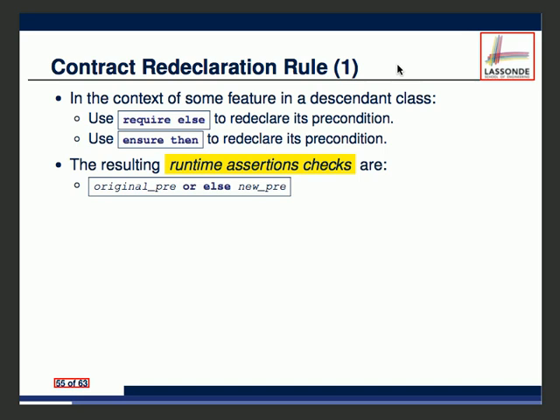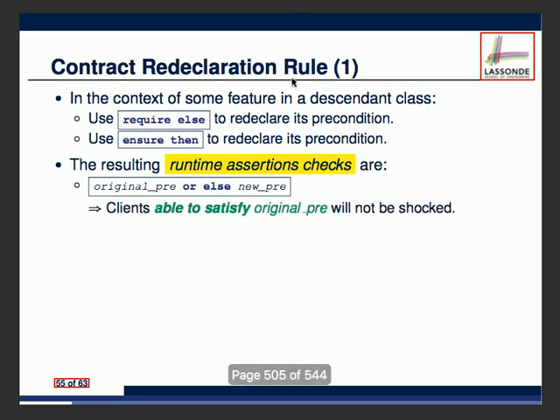If I'm able to actually satisfy this particular precondition in the superclass, I should not cause any precondition violation when I'm using the descendant instance. In that case, if I use the or over here, you can see true, which means the original precondition is true. As you learned before, when you say true or something, it doesn't matter what something else is, it will always be true, right? That's why they actually do the disjunction over here.